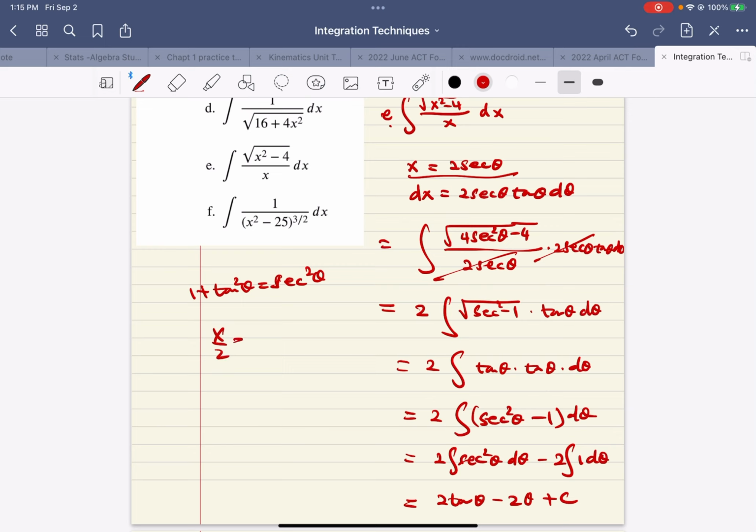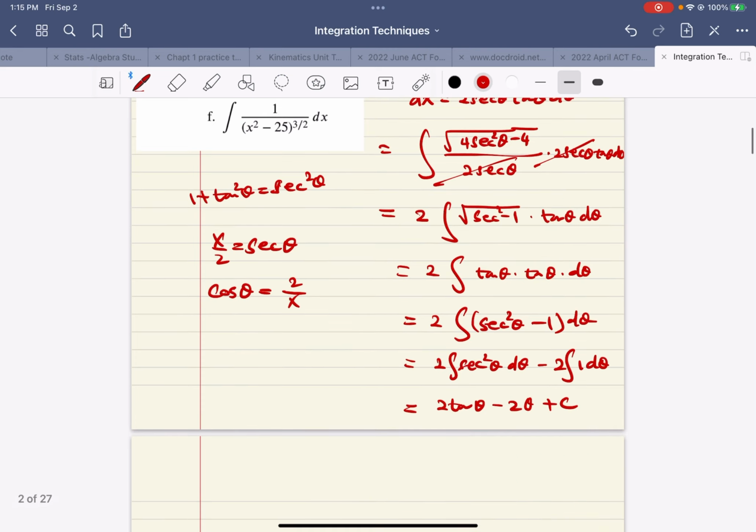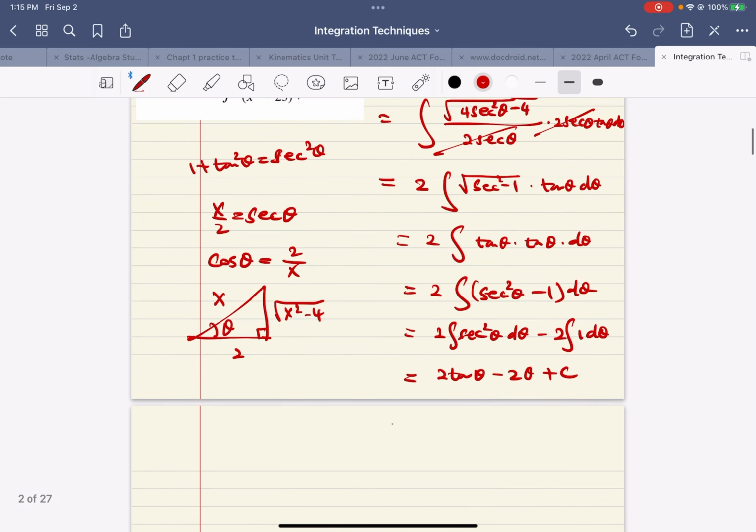Now what was theta here? So x over 2 is secant theta. So cosine theta, since secant is 1 over cosine, you flip: 2 over x. So draw a triangle. So 2 over x, like that, cosine. So this one is root x squared minus 4. So 2 tangent theta is root x squared minus 4 over 2 minus 2 theta.